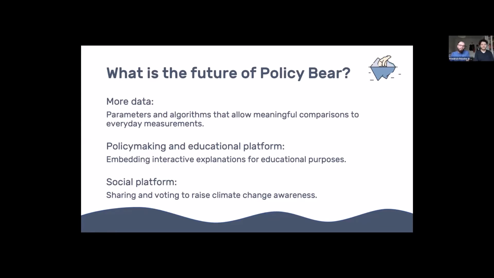So first of all, we would like to add some more parameters to compare to from other data sources, and we would like to improve our algorithms for computations and to allow meaningful comparisons with these everyday measurements that Gregor just showed us, cows and cars.